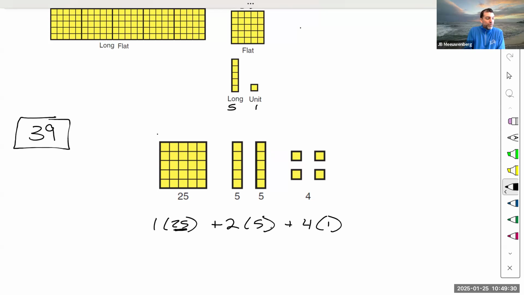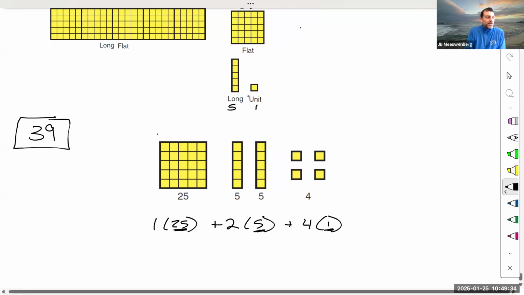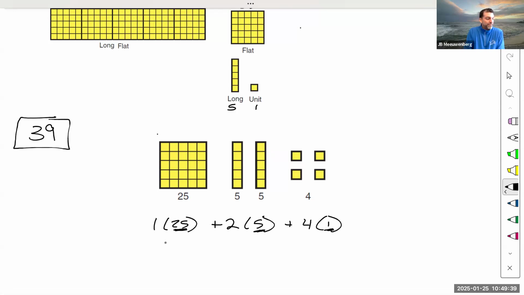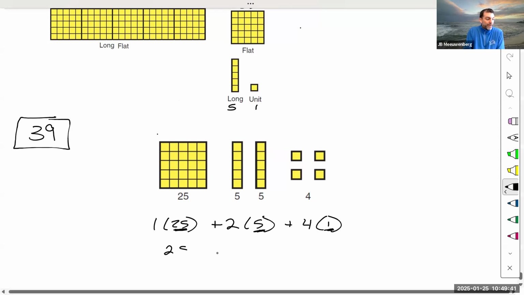Remember, each of the numbers in parentheses is the number that's in the collection, right? 1, 5, 25, or 125. And so what we have is 25 plus 10 plus 4, which is equal to 39.